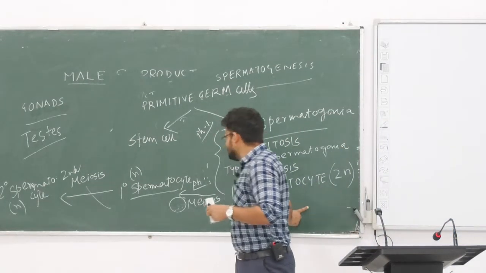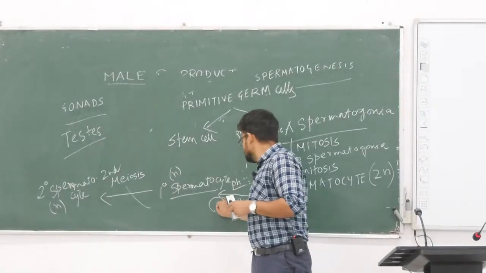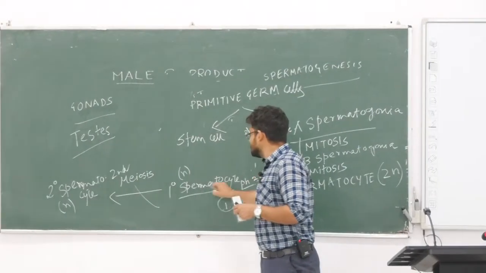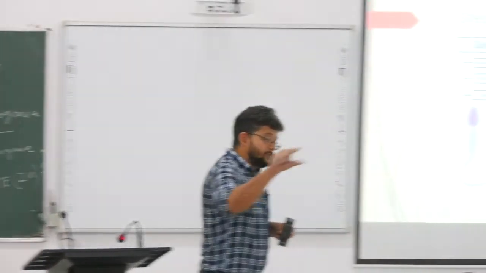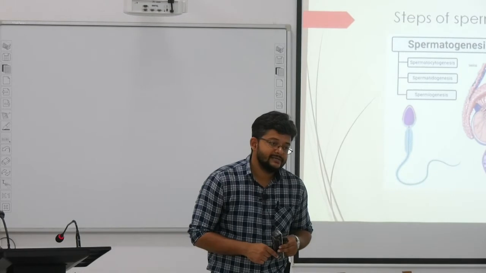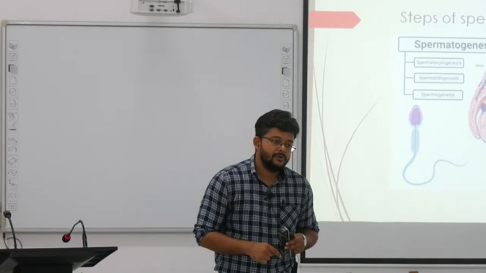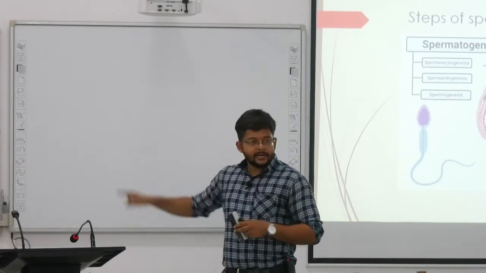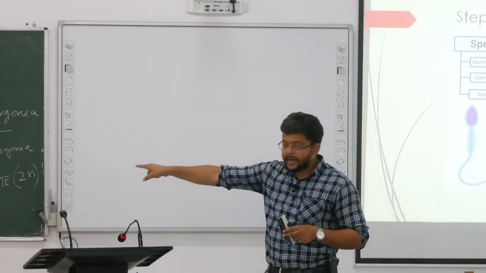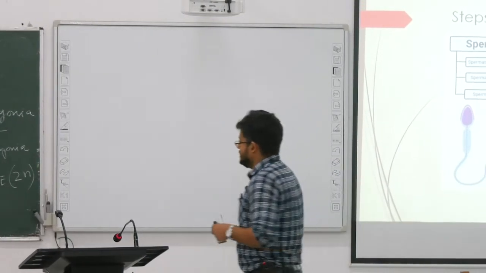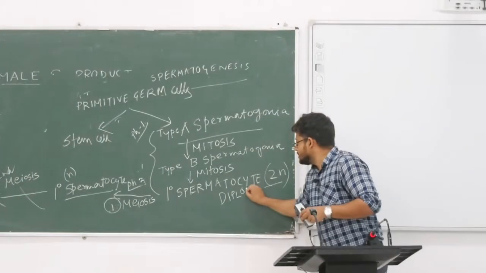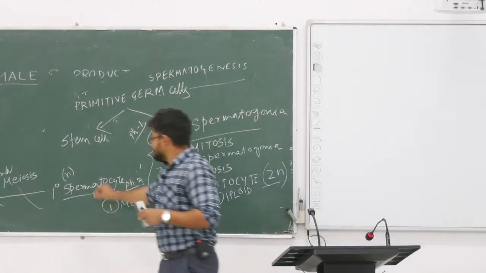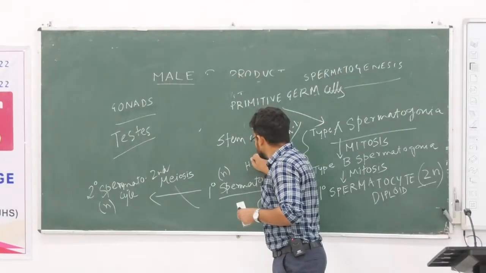This is diploid primary spermatocyte. First meiosis, phase 2 start, this is haploid. ক্রোমোজোম হাফ হয় মিওসিসে। ক্লিয়ার হলো? হ্যাঁ, একটা ডিপ্লয়েড প্রাইমারি স্পারমাটোসাইট আর একটা হ্যাপ্লয়েড প্রাইমারি স্পারমাটোসাইট। This is haploid primary spermatocyte.